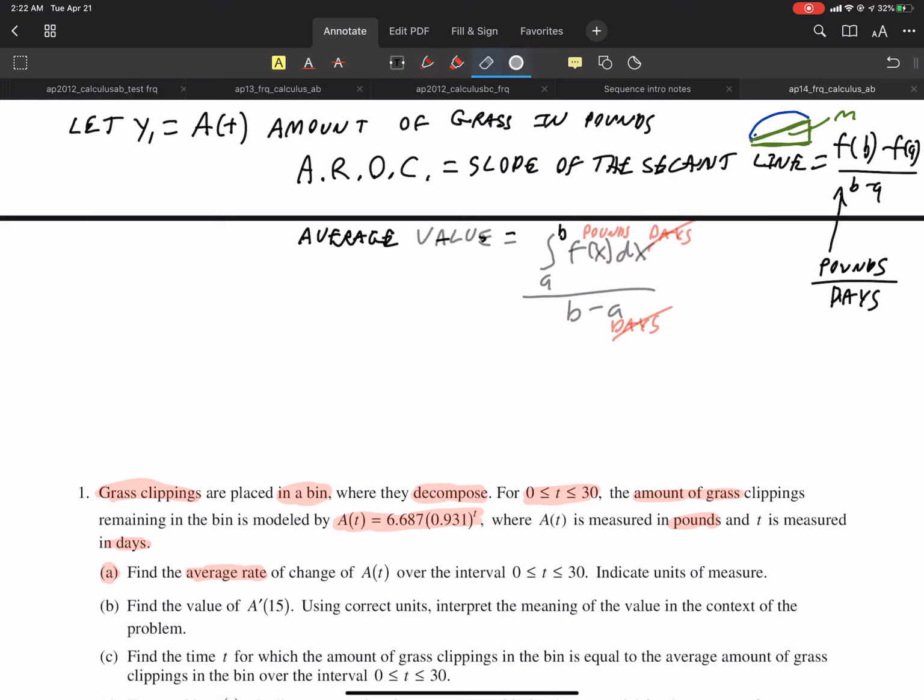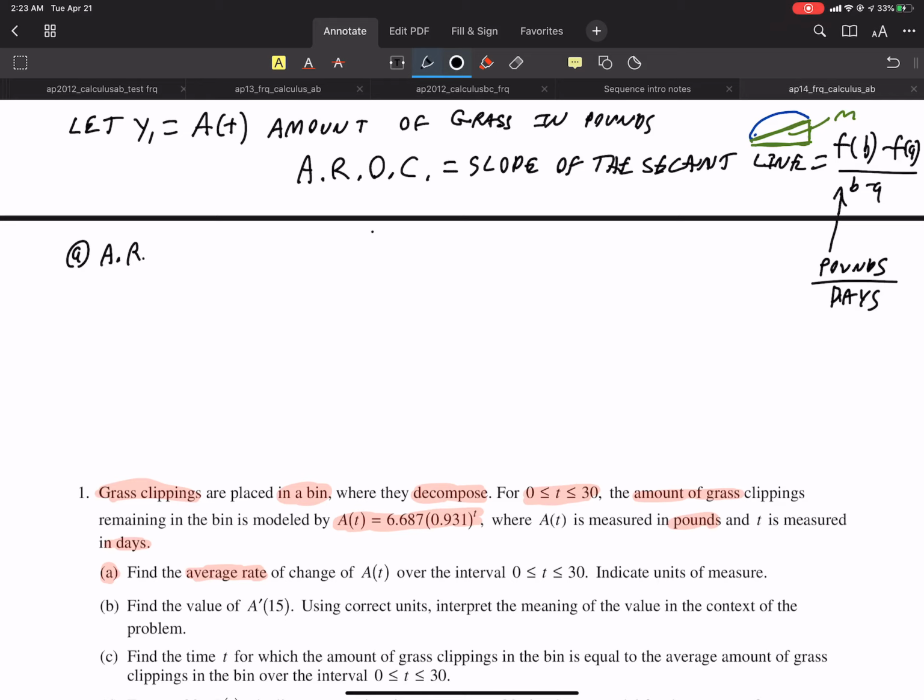So let me erase this. I need some room here. So we want the average rate of change. That's f of b minus f of a over b minus a. So for part A, the average rate of change, but it's not f because it's A, and the endpoints are 0 and 30, so it's A of 30 minus A of 0 over 30 minus 0.